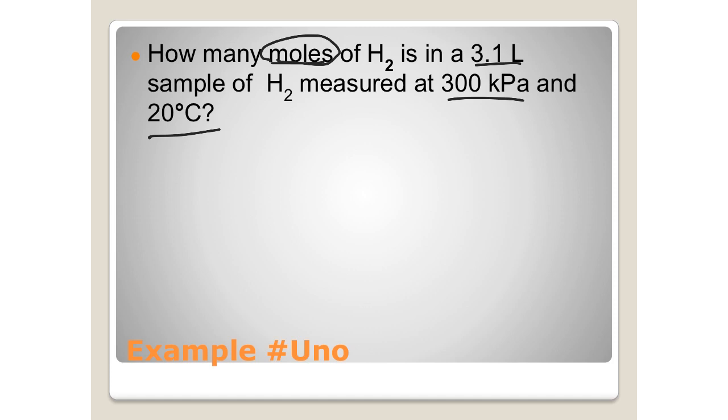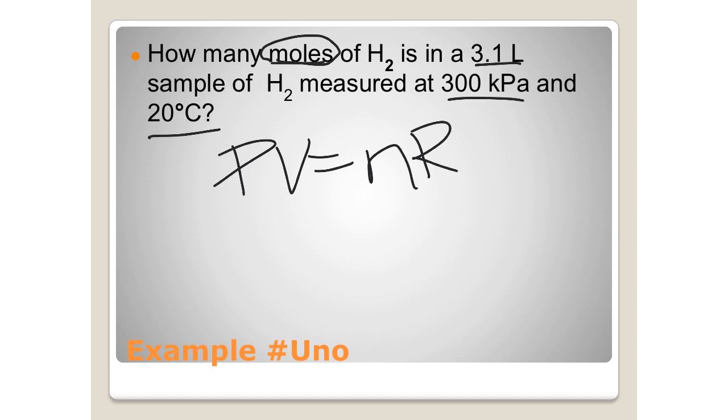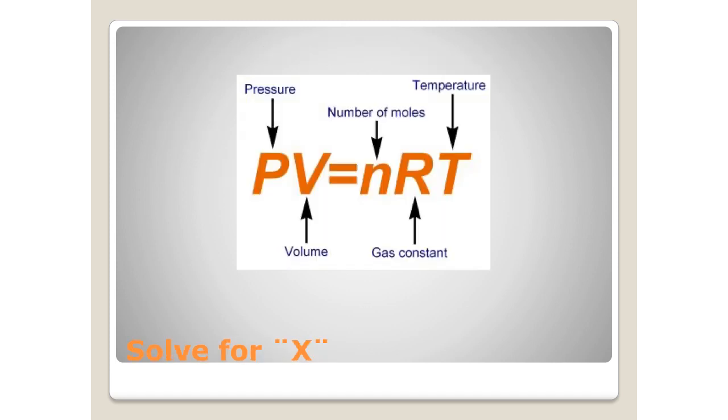And notice there's no before or after here. That's how you know it's the ideal gas law. Because you're given pressure and volumes, it's talking about moles, and there's no before and after. So that's how you know you're going to be using the PERV-NERT in order to solve it. So again, here's what PERV-NERT stands for.